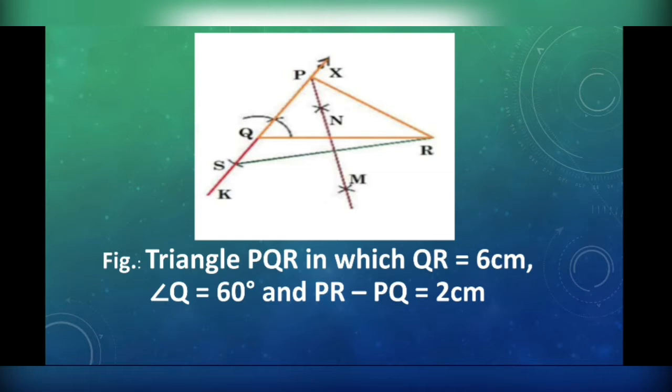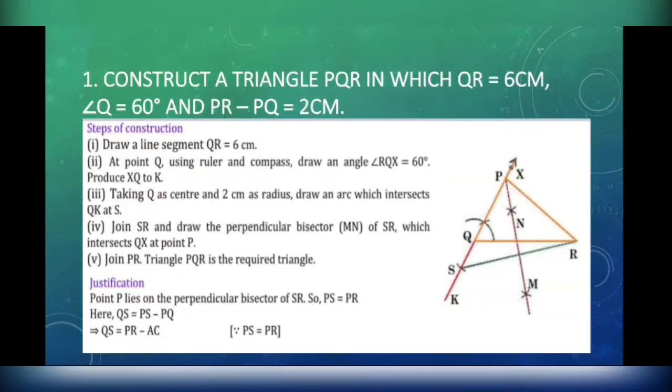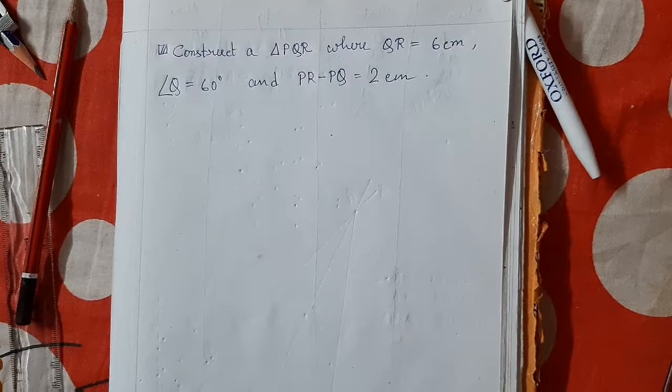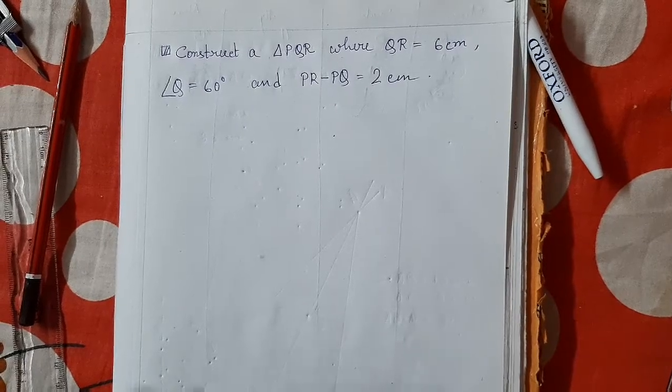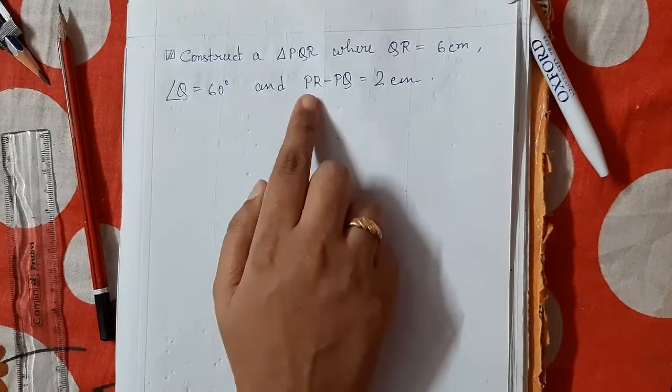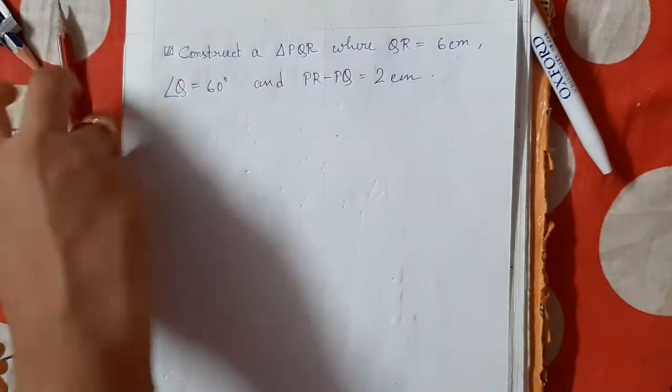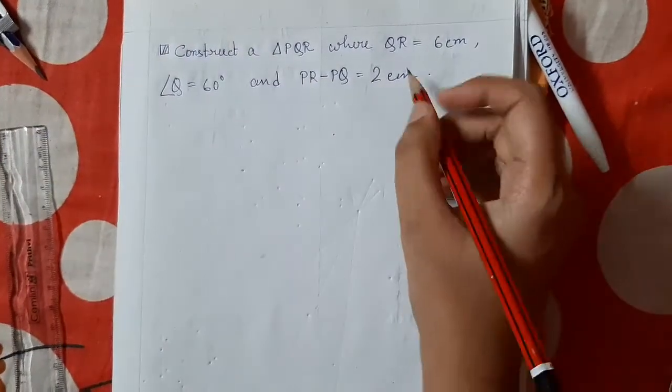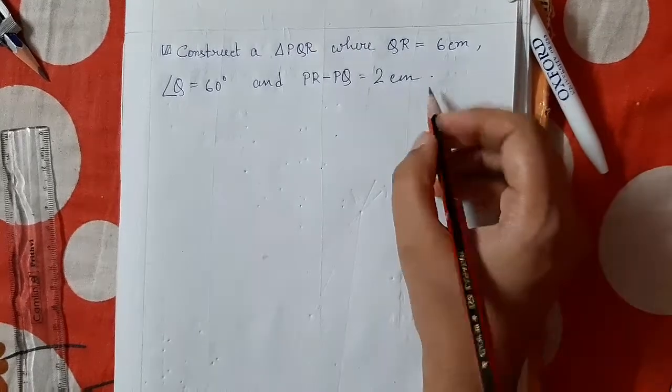If you look at the diagram closely, you can see that the length of PR is obviously greater than the length of PQ. Following these steps we will construct this triangle in our copy. Now we will construct triangle PQR where QR is equal to 6 cm, angle Q equals 60 degrees and PR minus PQ is equal to 2 cm.